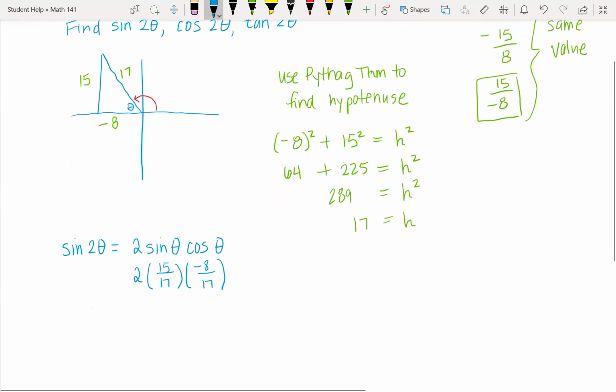So we can multiply this whole thing together. And let's see, 2... I'm getting negative 240 over 289. So that's our first answer for the sine of 2 times theta.